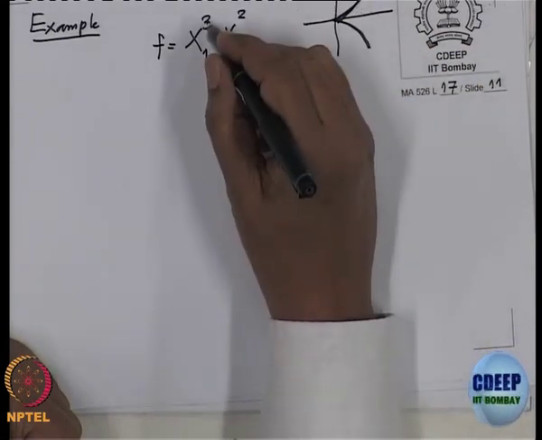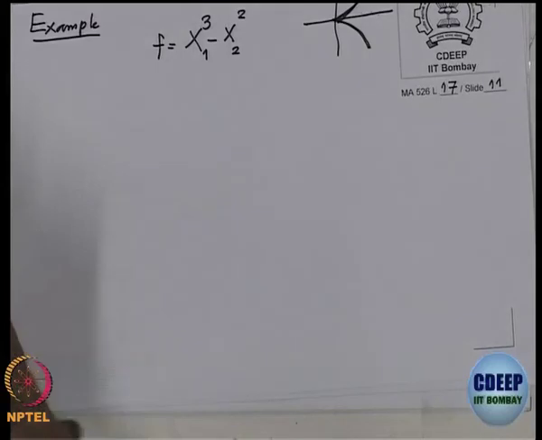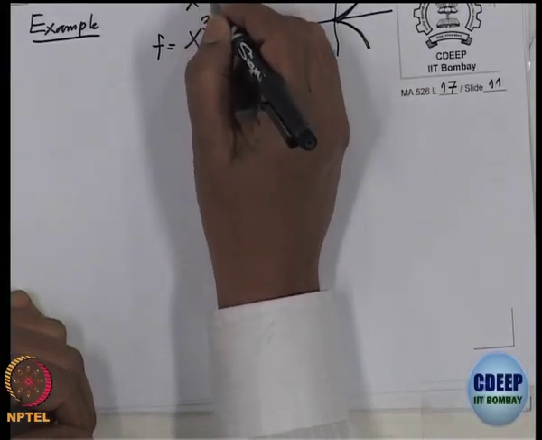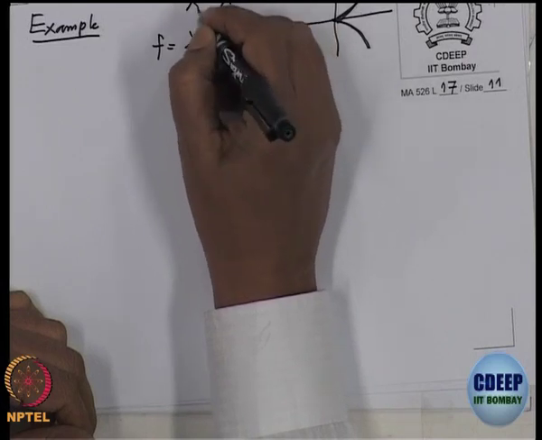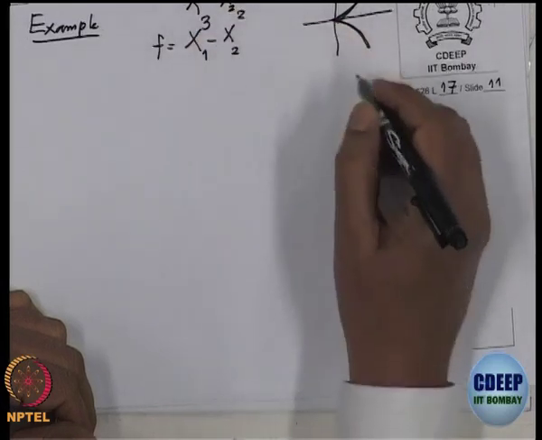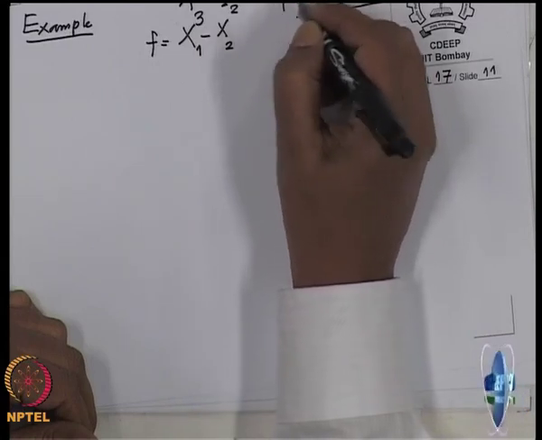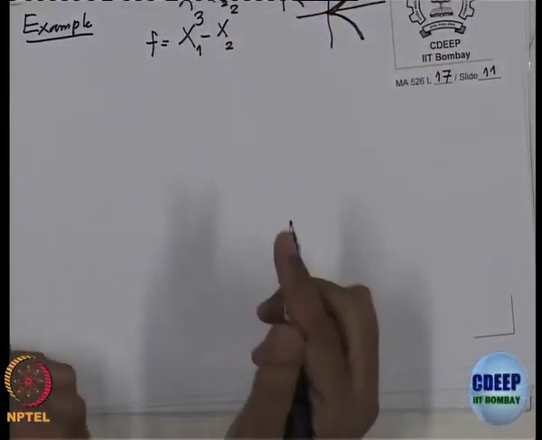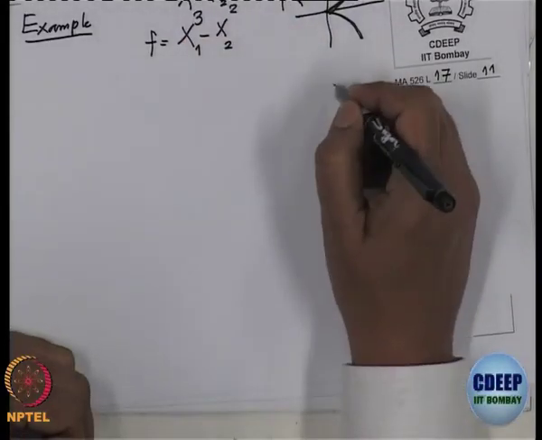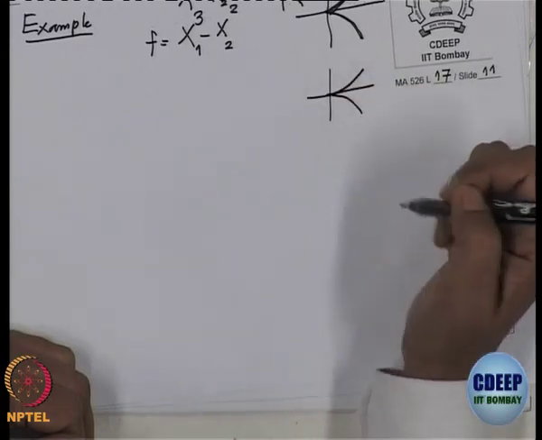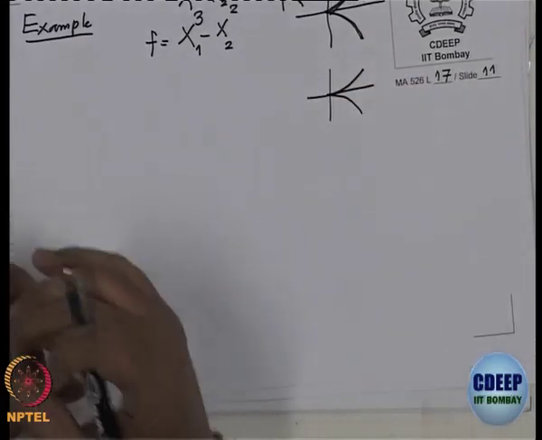And if you increase the power here, it will go more and more touching. So, for example, if you go x1 power 5 minus x2 square, the diagram should become closer to the axis. If you go to a higher power, it is even more. If you go to a larger power, the picture will look like this. It will get closer and closer.